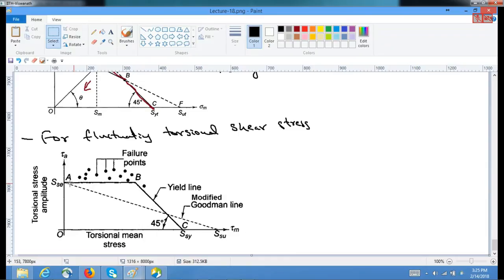Instead of following the Goodman line, which would be too conservative, they have taken a horizontal line up to point B, till where the mean stress doesn't really affect, and from there they follow the yield line. So this is the modified yield locus for fluctuating torsional shear stresses. These are the modifications for torsional stresses, whereas the other is for axial and bending.